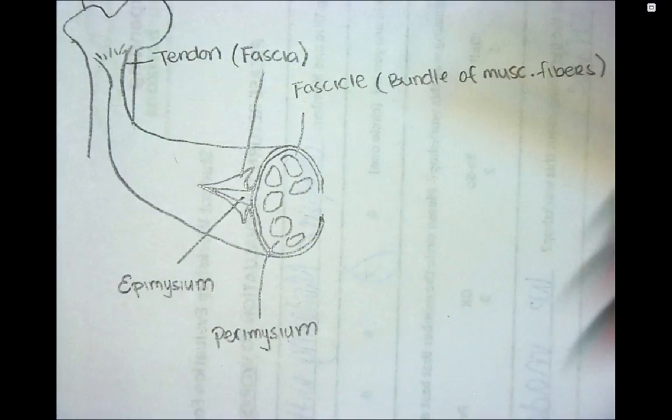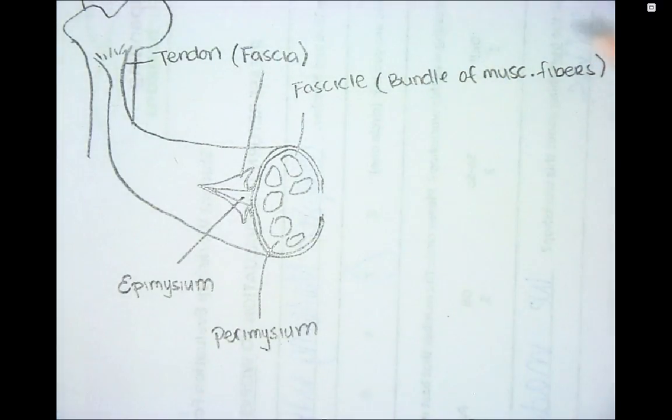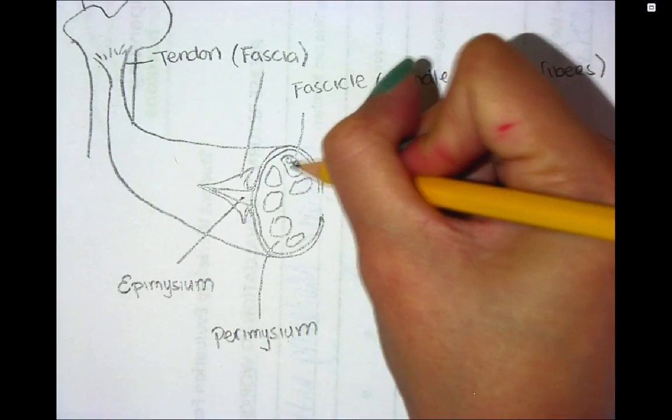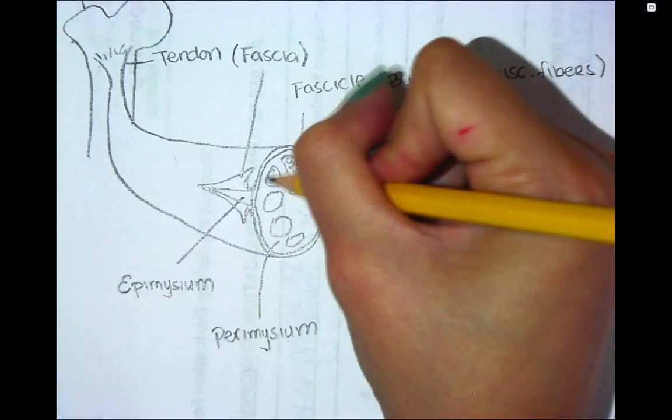Now, inside of each fascicle, we said it's a bundle of muscle fibers. So let's go ahead and draw the bundles of muscle fibers inside the fascicle. So I'm just going to draw a bunch of little bundles here.